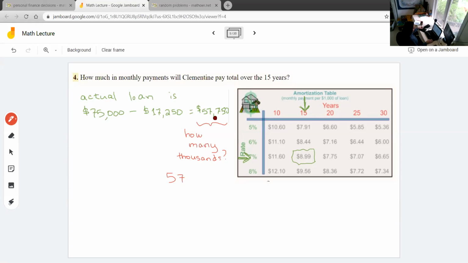That would round it. What do I do with the 750? Do we just do 57,000? No, that would leave out the 750 from her. We can't do that.